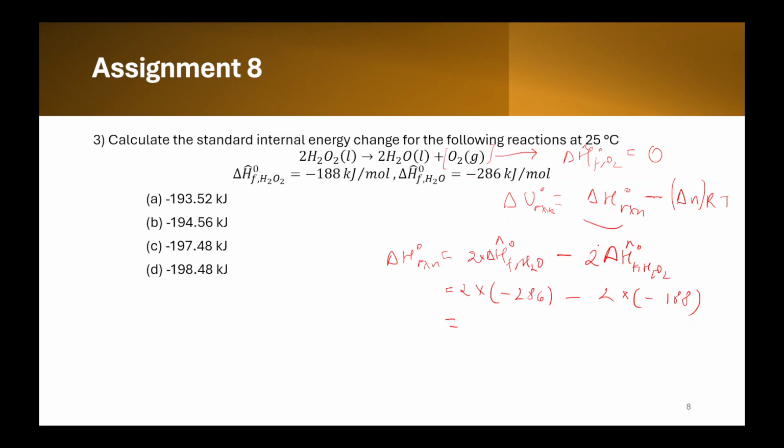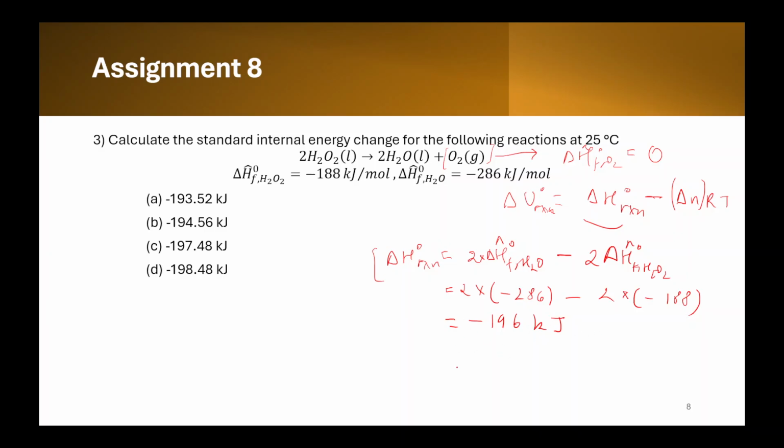It comes out to be minus 196 kilojoules. This is in kilojoule per mole, and you multiply by the moles, so this will be in kilojoules only.